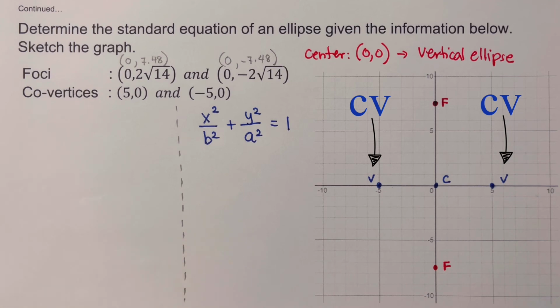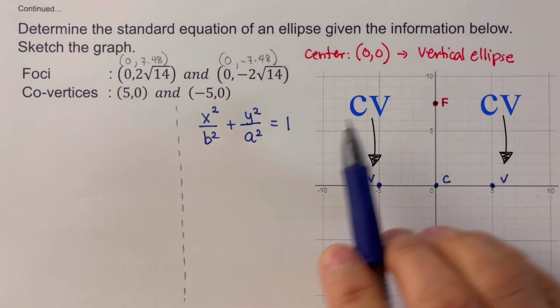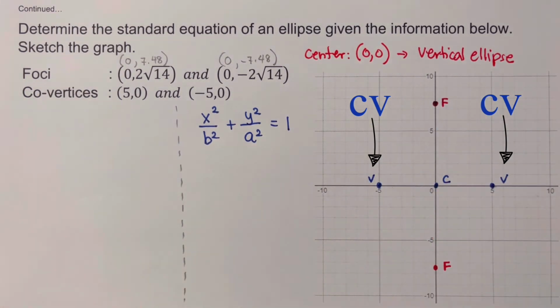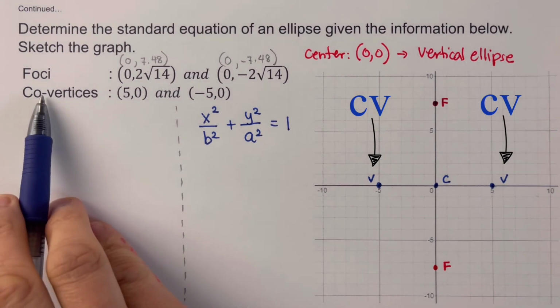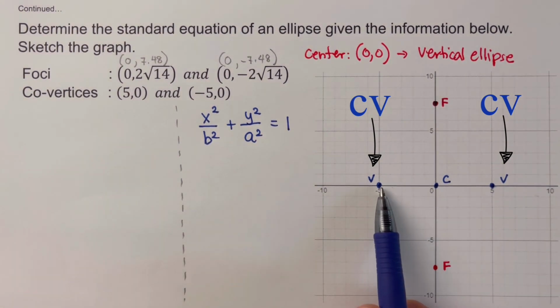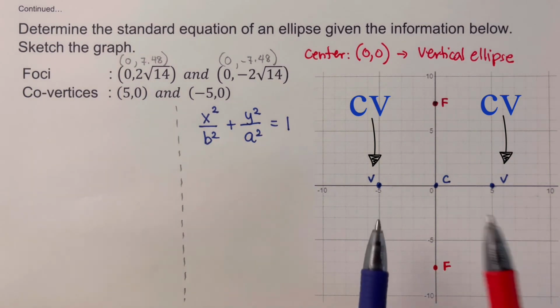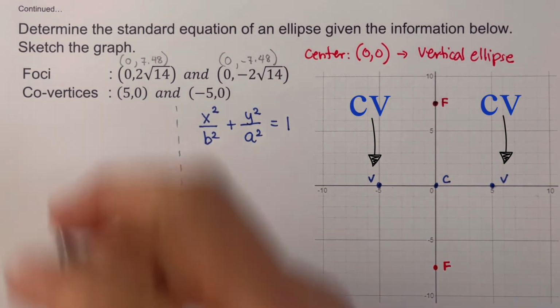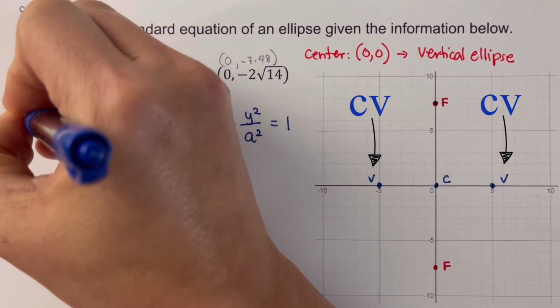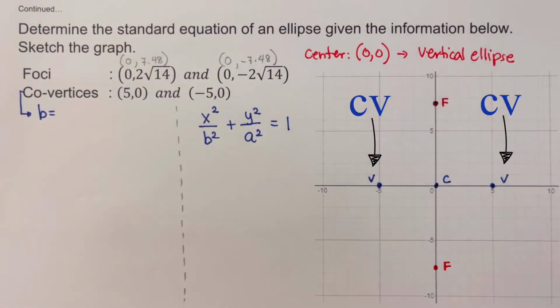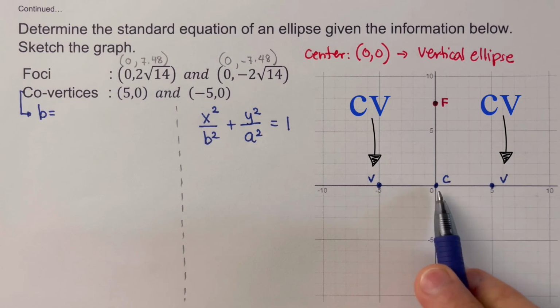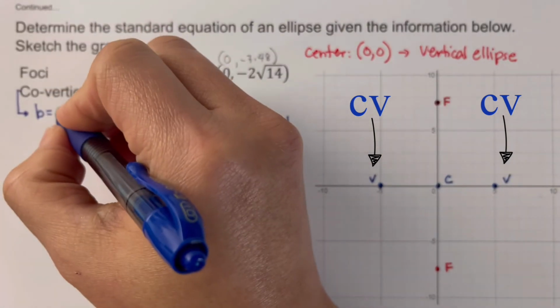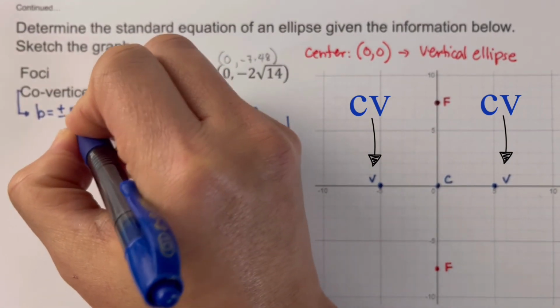Okay, so I wrote the general equation of a vertical ellipse. Now we remember that this co-vertex, which is down here, the distance between the center and the co-vertex is represented as letter B. So I can go ahead and write that down here. So that's a B. Counting this, that would be a 5, and 5 on the other side. So our B is plus minus 5.